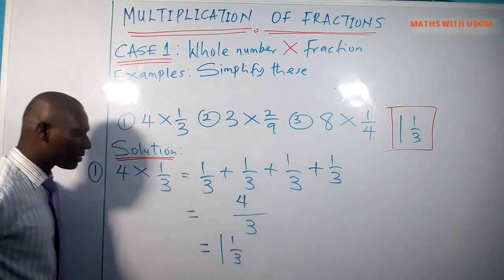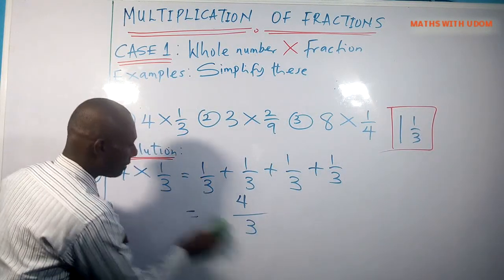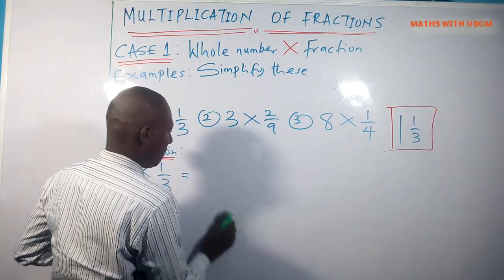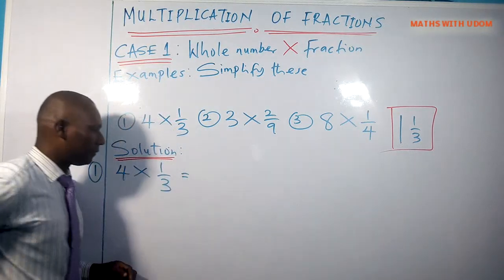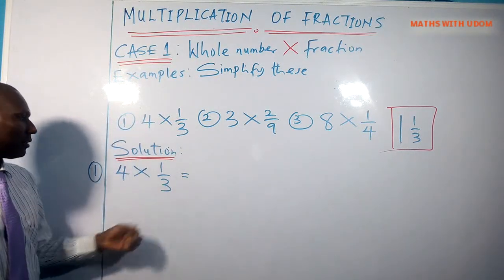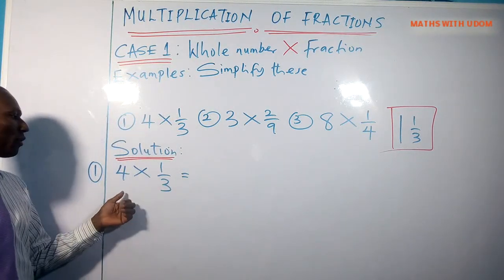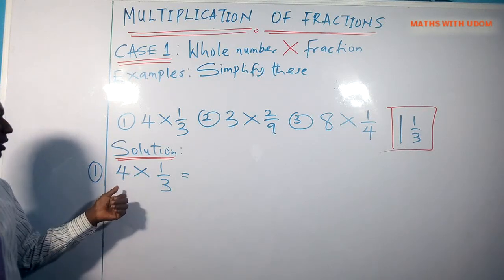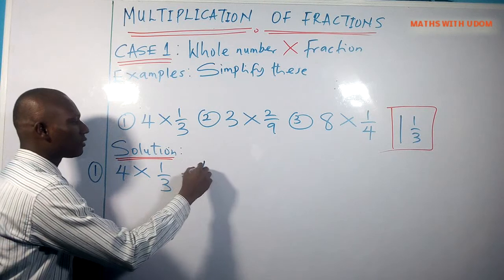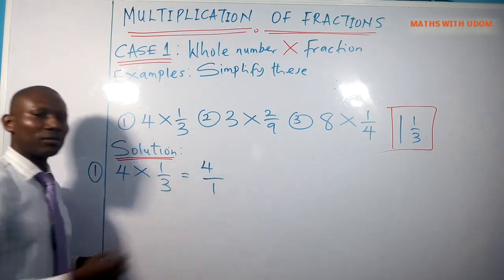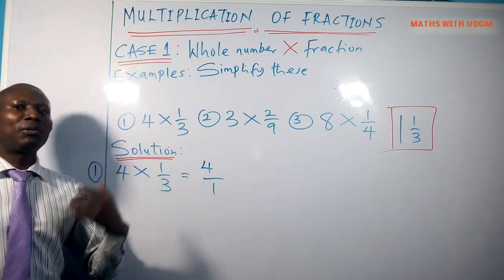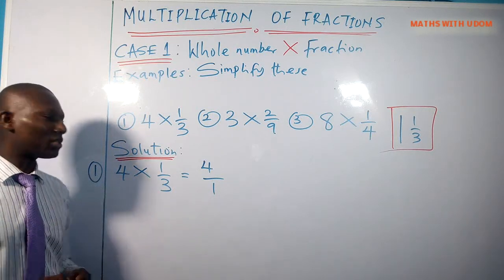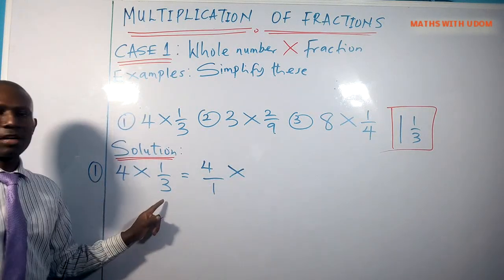Now, the second method to solving this problem. So we have 4 times 1 over 3. So we can change this 4 into its equivalent. Whole number 4 is the same thing as 4 divided by 1. Any whole number can be written in its equivalent; you just put 1 as the denominator. So multiply by the fraction 1 over 3.